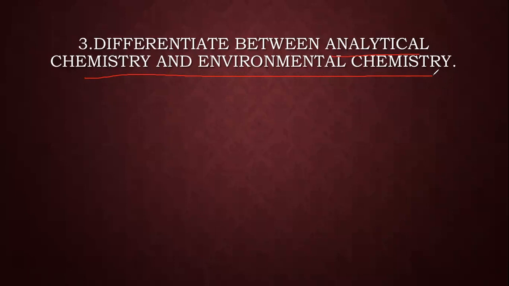For example, when I am talking about brass, it is a composition of two metals, copper and zinc. This deals with analytical chemistry.